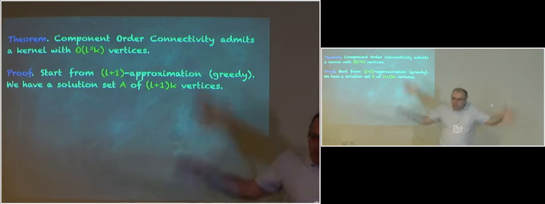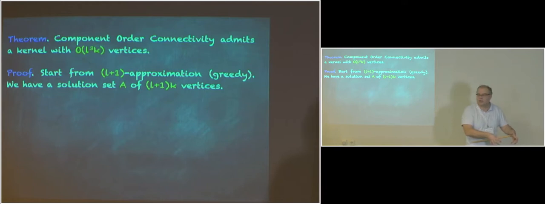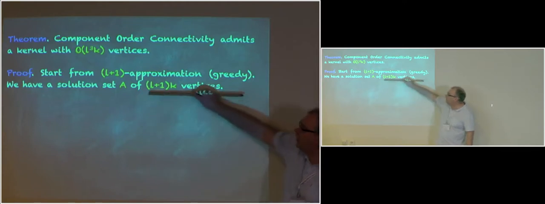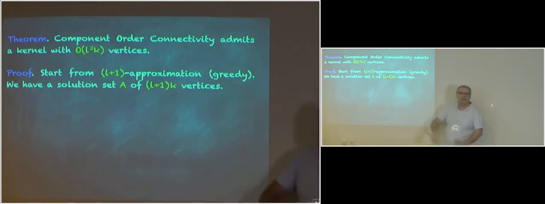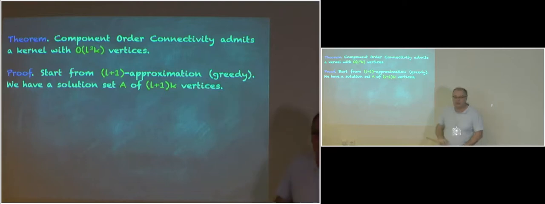So I just take all these L plus 1 vertices and put them in my solution. This way I will have an L plus 1 approximate solution. If the size of this approximate solution is more than L plus 1 times k, I say no, I cannot have a solution at all. Otherwise, I have this approximate solution.